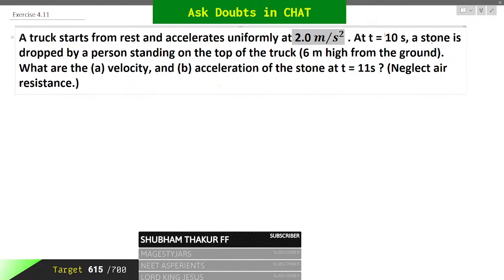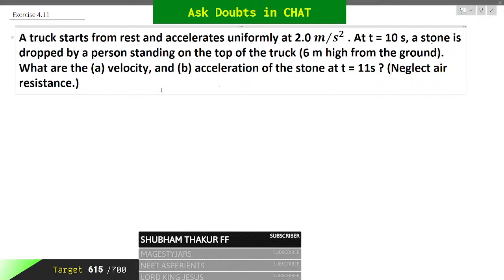After t equals 10 seconds it should have a velocity of 20 meters per second. So the stone will also have an initial speed of 20 meters per second in the direction of motion of the truck.